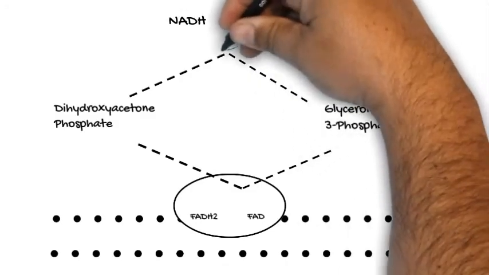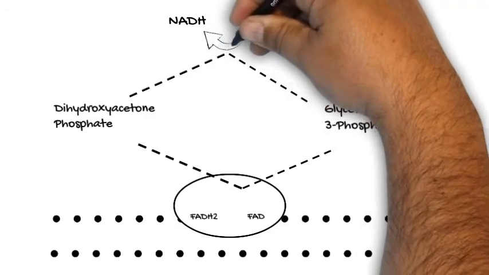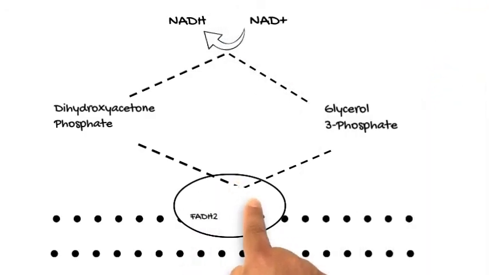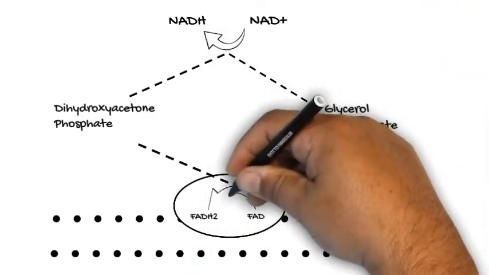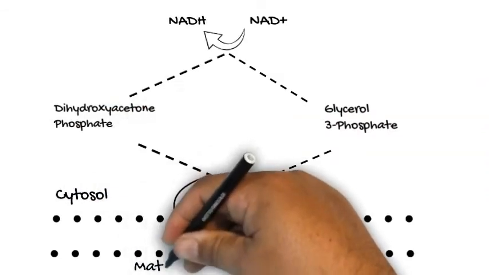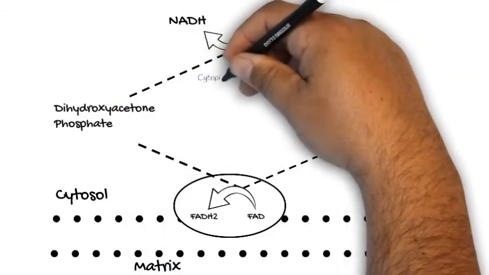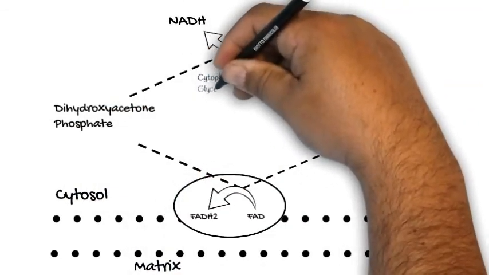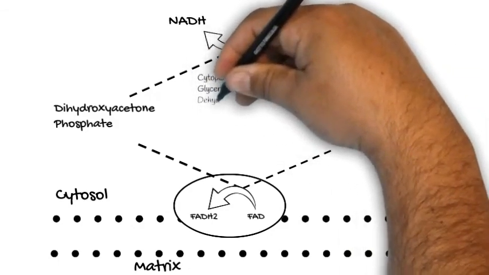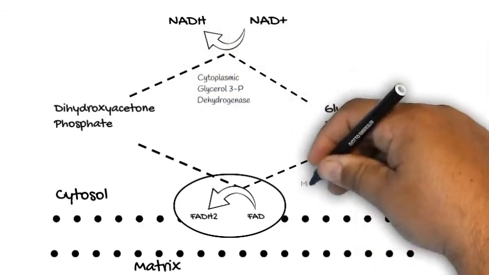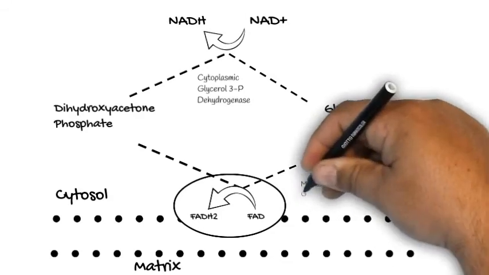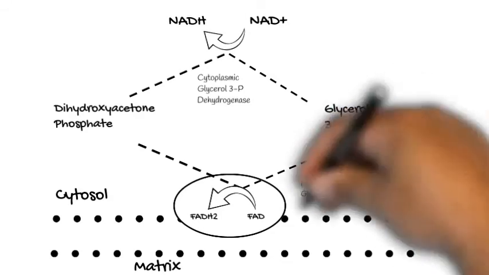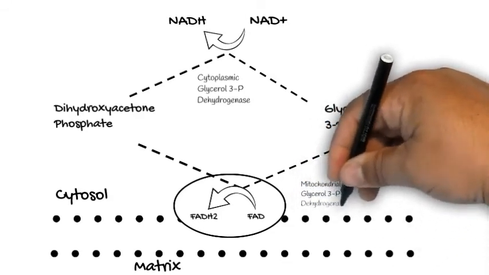So here in this shuttle, you'll see NADH donating its hydrogens to form dihydroxyacetone phosphate, and these are picked up by FAD to form FADH2.